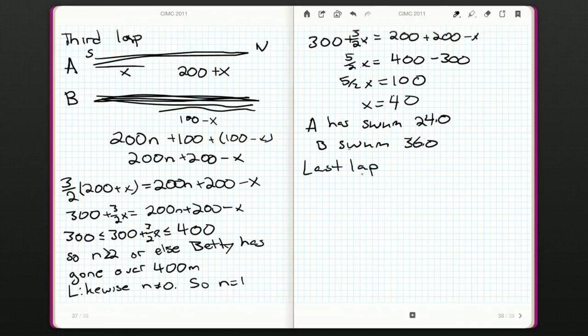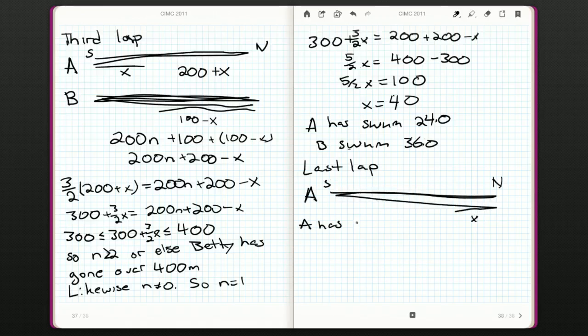So now, time to look at the last lap. Well, what could that look like? So Alice has gone S, N, back to S, and now she's completed her third lap. She was at N again, and now she's gone a little bit of X. So she's gone 300 plus X. She's on her third lap.